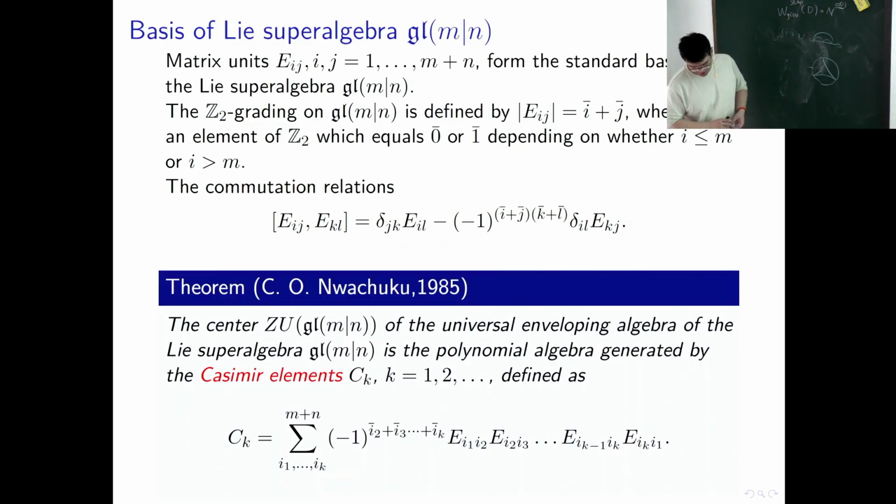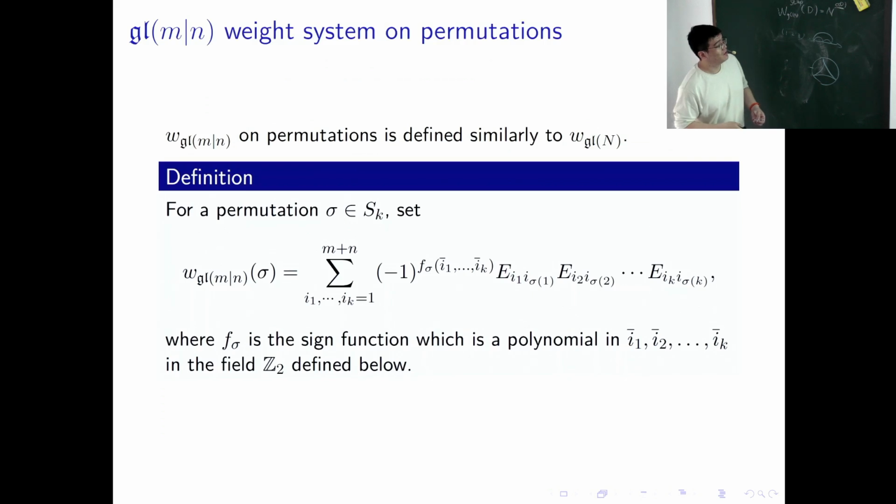So also that's the structure of the center of the universal enveloping algebra. It's also known that C_k is the summation of (minus 1) to the power of i2 bar plus i3 bar plus ... plus ik bar times the product of the E's. So you see it's a little bit different from the gl_N case, in that you get a sign at each term before the summation. So also that's the definition of the weight system. We only need to figure out how to deal with this sign function.